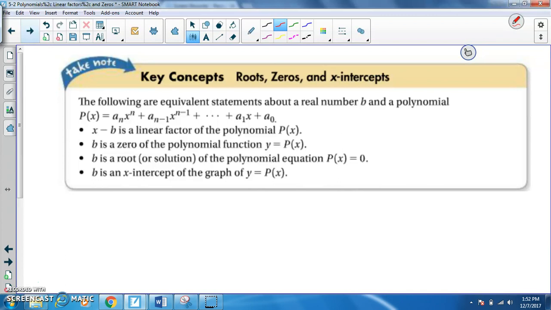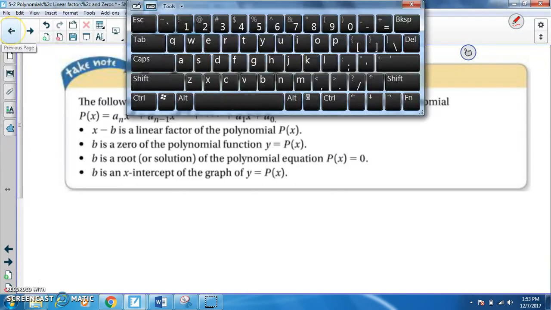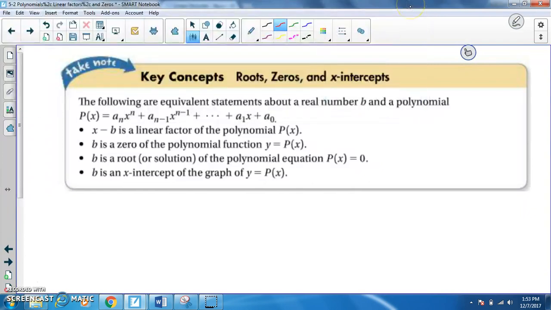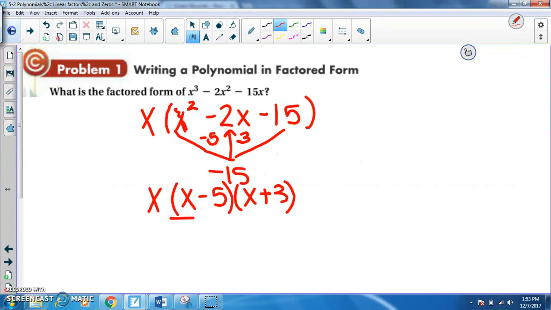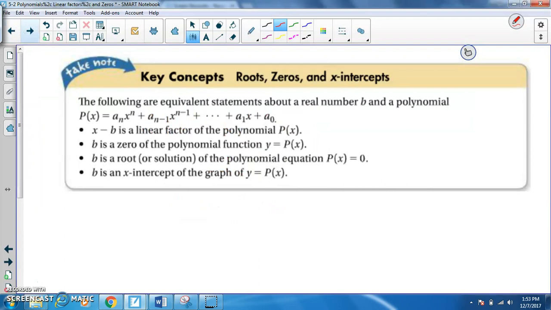Roots, zeros, and x-intercepts. The following are equivalent statements about a real number b and a polynomial. So if we have a polynomial function, p of x is equal to our polynomial function. X minus b is a linear factor of the polynomial. So just like we saw in problem 1, x minus 5, x plus 3, those are examples of linear factors of the polynomial.